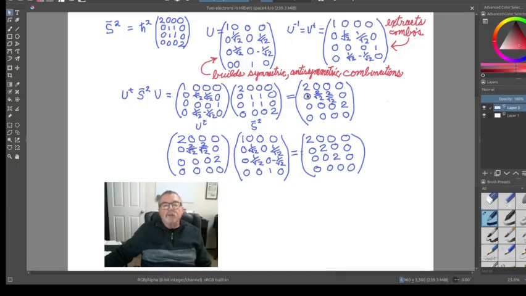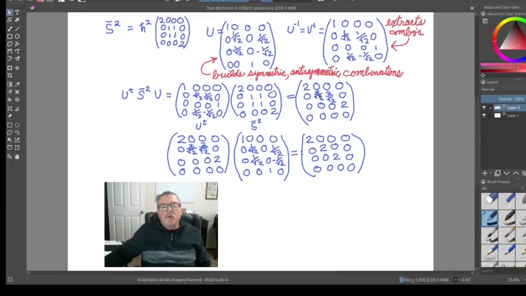Okay, this one's going to be row 2, column 1. Row 2, column 1 is 0. And this one's going to be row 2, column 2. So you take row 2, column 2. Okay, that gives us 1 over square root of 2 twice.